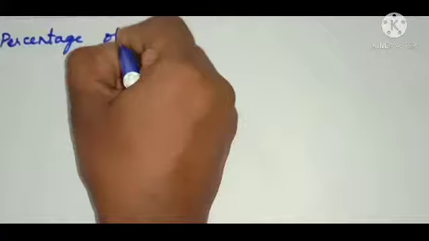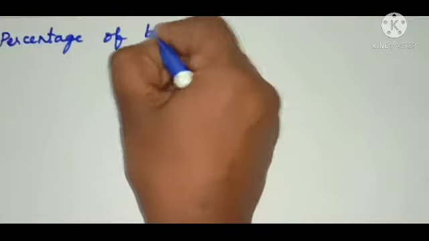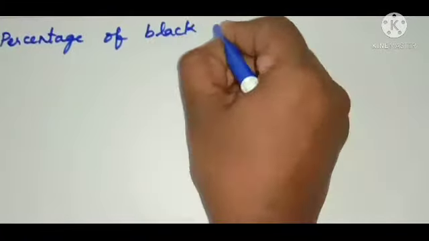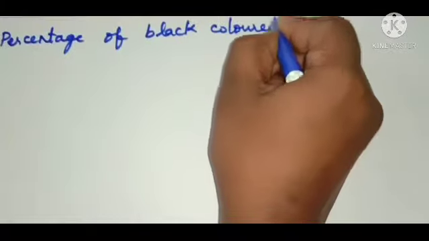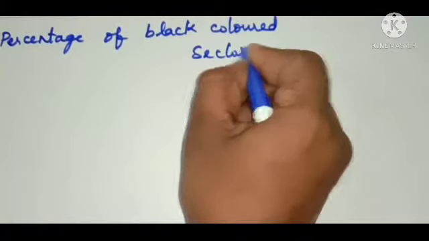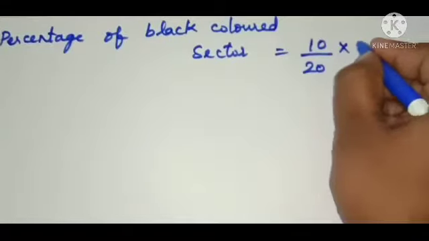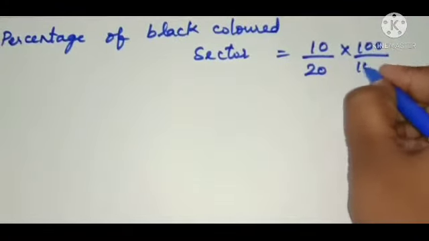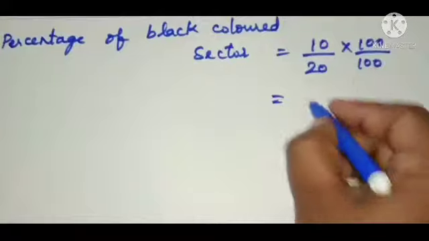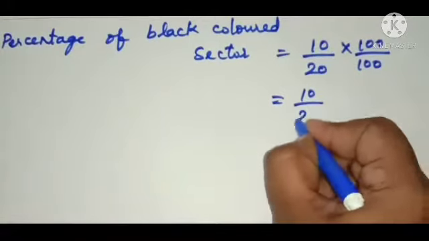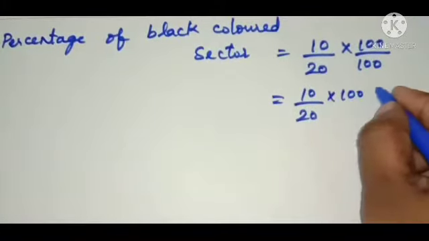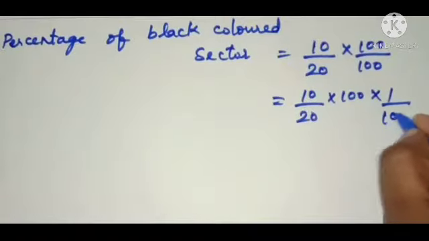Children, percentage of black color sectors is equal to 10 by 20 into 100 by 100. Now 10 by 20, same as previous problem, into 1 by 100.